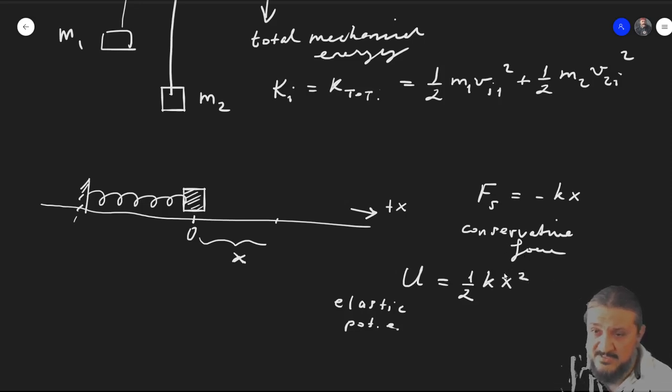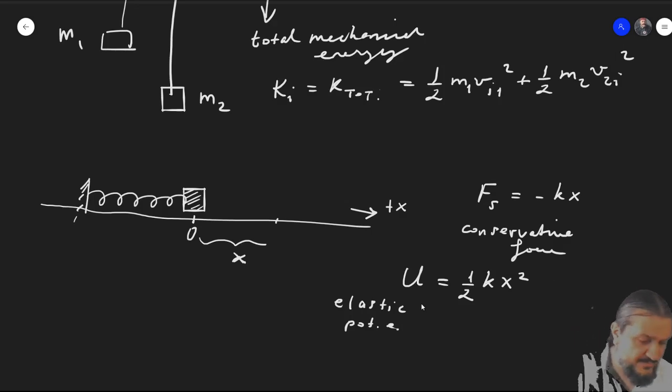That k is still present there. X became x squared, but there's also this 1/2 there. That has to do with calculus. I believe the book also just tells you what the answer is without deriving.